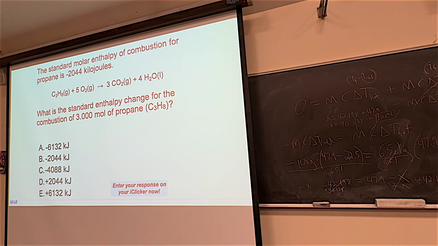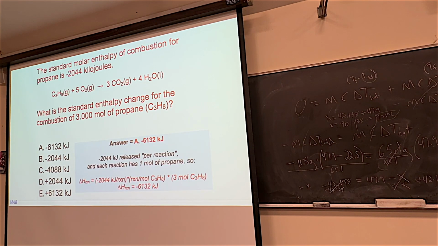If it's this much per mole and you have 3 moles, you would take this number and multiply it by 3. So 2044 times 3 would give you this number. You're just going to end up with more energy because you have 3 times the amount that the reaction was set for. If this would have been half of a mole of propane, this number times 1/2 would have been the energy.